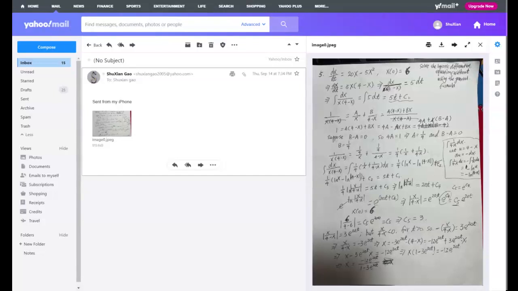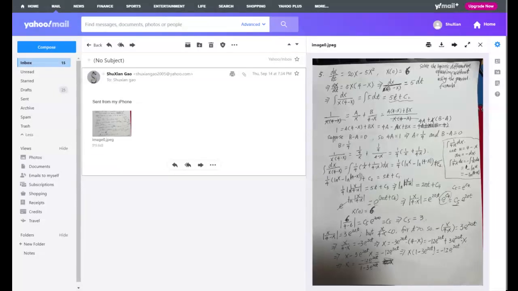So we get a equals 1/4, and b is the same, 1/4. The left-hand side 1 over x(4 - x) equals (1/4)/x plus (1/4)/(4 - x). Putting 1/4 in front, it is 1/4 times (1/x plus 1/(4 - x)).